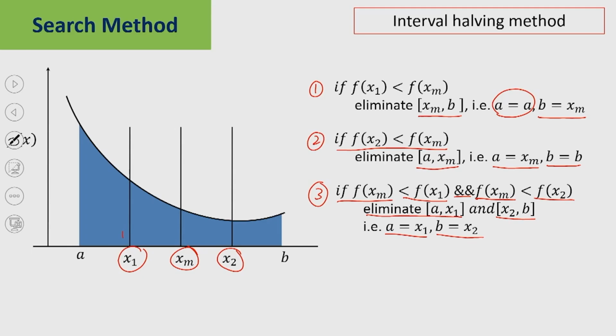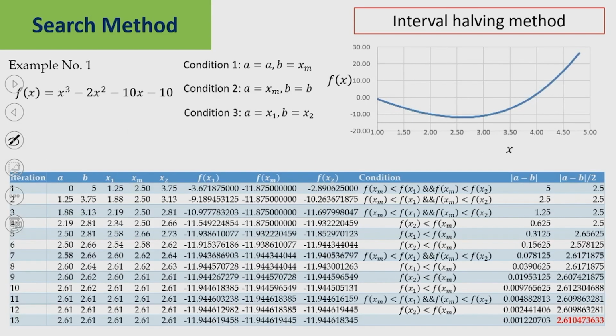So, if you take these 3 points, one of these 3 conditions will be true, and accordingly you will change your upper bound and lower bound. Let us apply. In this case, I have taken this function between 0 and 5, so the lower bound is 0, the upper bound is 5, and within that region this function is unimodal.